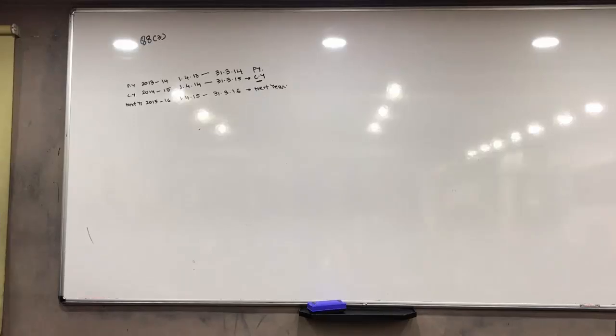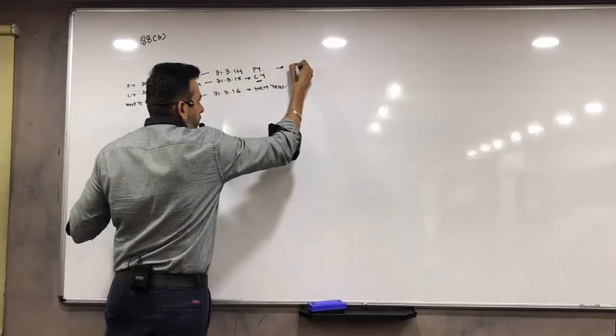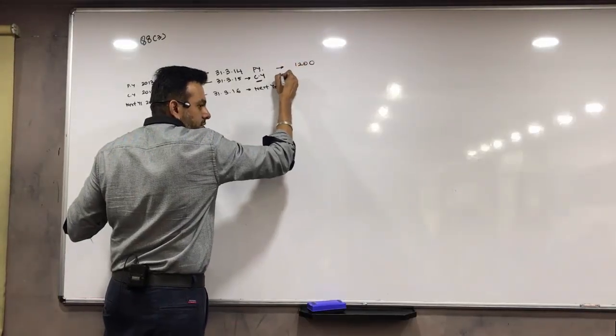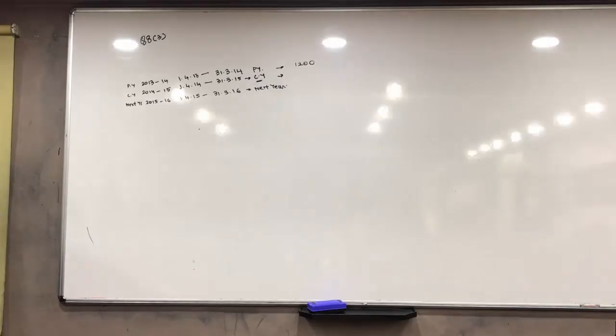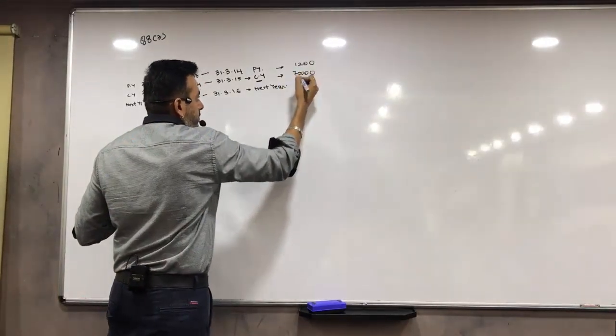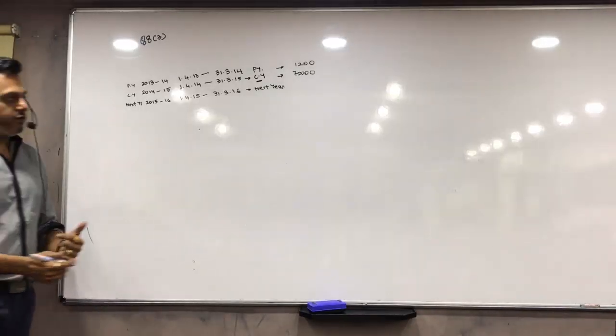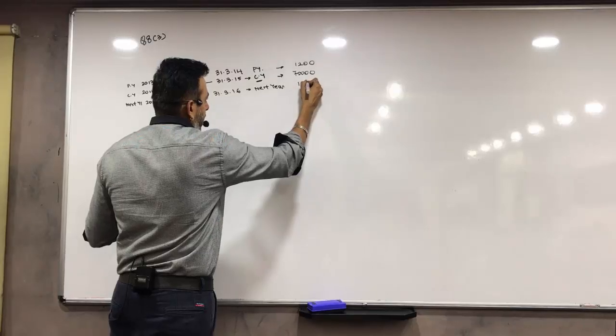Okay, now subscription. How much total did we receive? 77,850. Out of that, for 13-14 we have received 1,200. For the current year we have received 75,000. And for the next year, people have already given us 1,650.